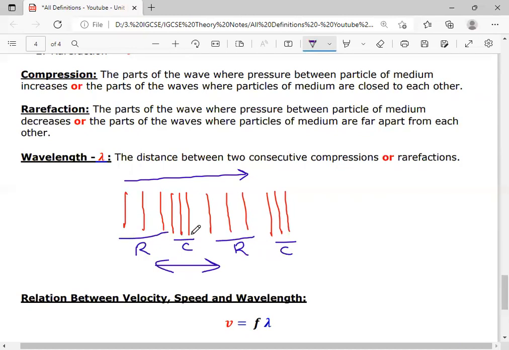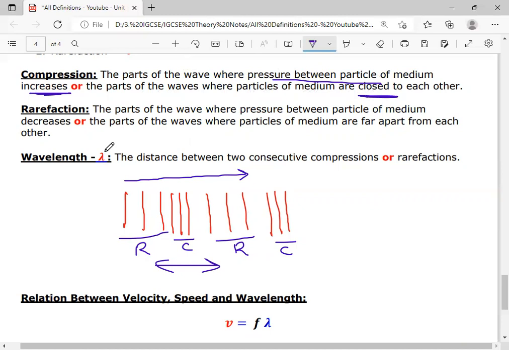So what is the definition of compression? The parts of the wave where pressure between the particles of the medium increases, or where particles of the medium are close to each other. Now you can see these particles are close to each other, and in rarefaction these particles are far apart. So compressions are those points where particles of the medium are close to each other.